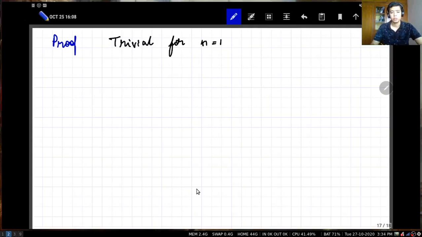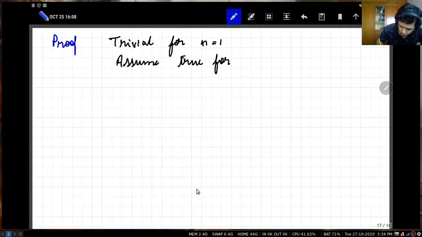Now let's assume that this is true for n minus 1. So for all i equal to 1, 2, 3 up to n minus 1, every i by i matrix is similar to a triangular matrix.